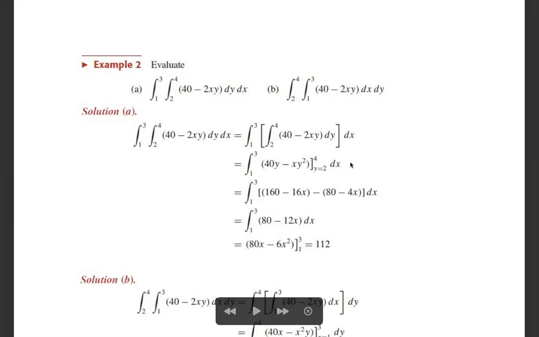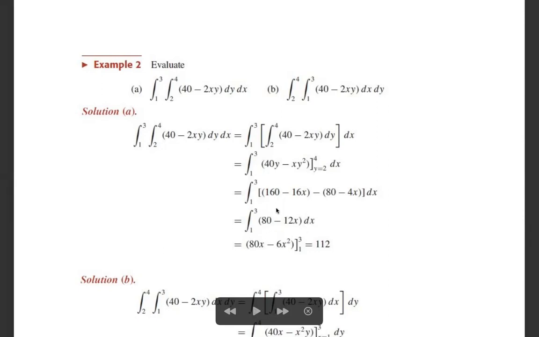Upper limit minus lower limit, that is 40 into 4 minus x into 4 square, that is 16, minus 40 into 2 minus 2 square, 4 into x, dx, which is equal to 80 minus 12x.